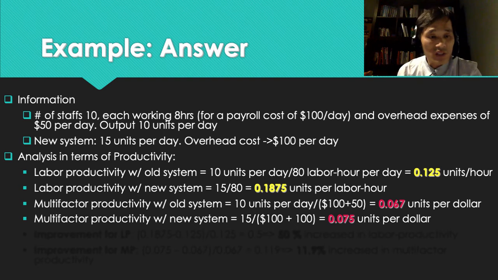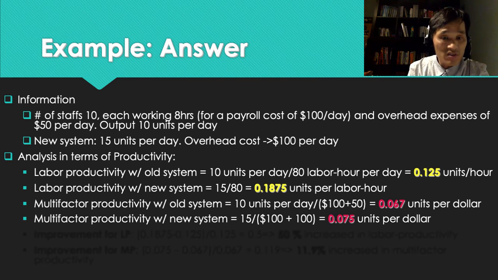And another thing that we can do is with the new system, which has 15 units, and we know that the labor cost stays the same, $100, and the overhead expenses increased to $100 per day.